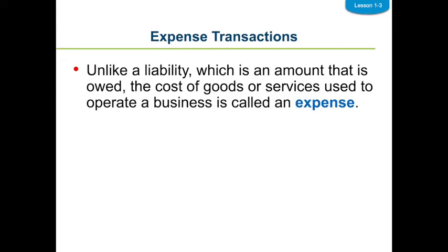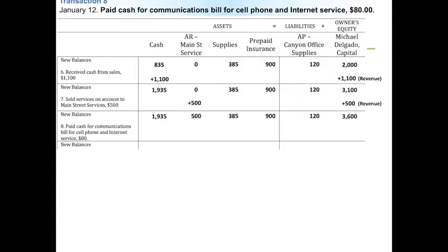Unlike a liability, which is the amount that is owed, the cost of goods or services sold used to operate a business is called an expense. So, for example, the next transaction, January 12th, paid cash for communication bills, cell phone bill and internet service, $80.